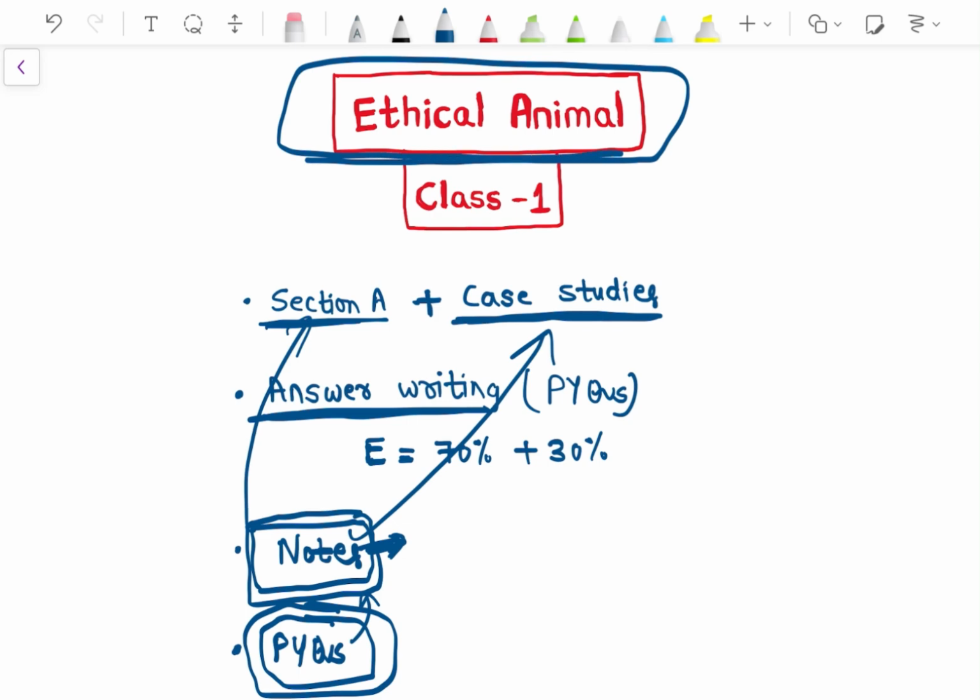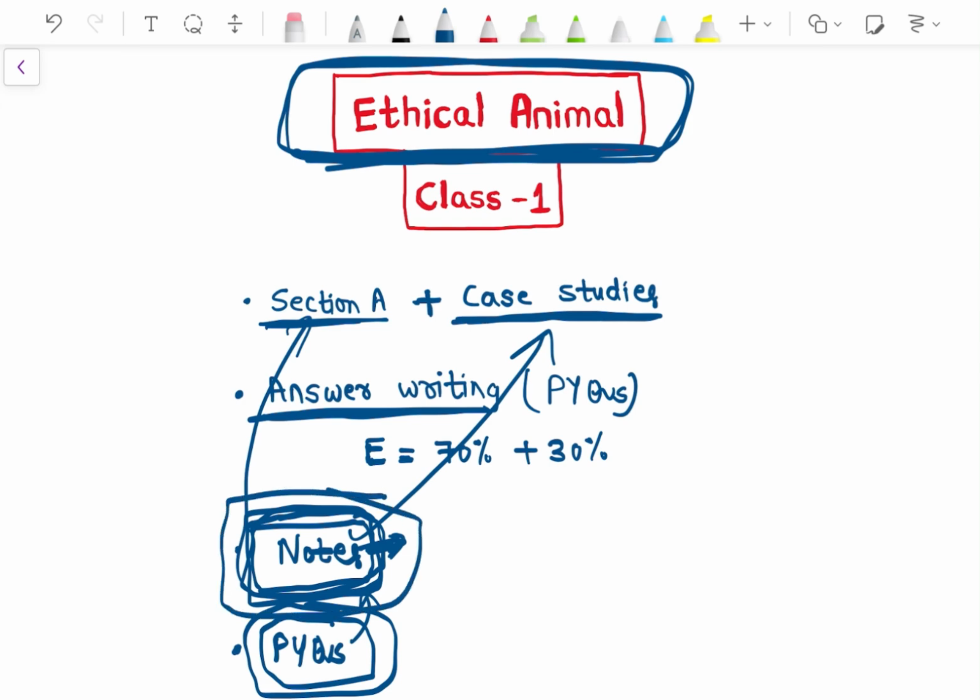Once you watch all the classes and have the notes with you, you can do the entire ethics from this course. Watch the classes regularly with the notes in your hand, then revise these notes, and your ethics will be done.